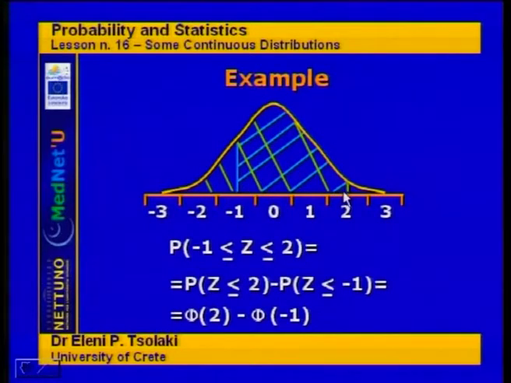So this probability, the green lines, taking out this area here, which is the probability of z less or equal to -1, gives us the area that we want to calculate.